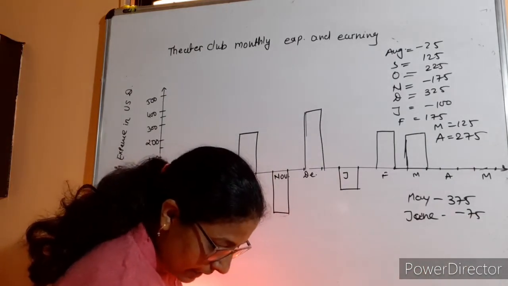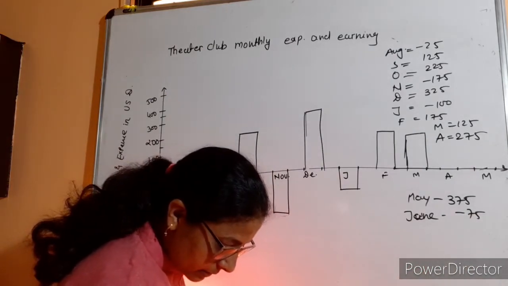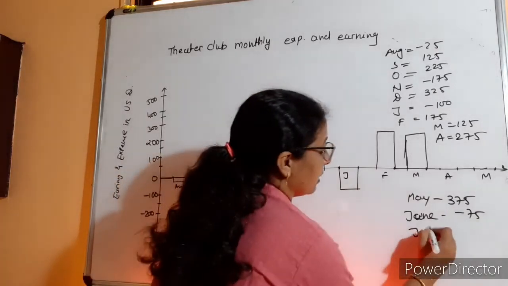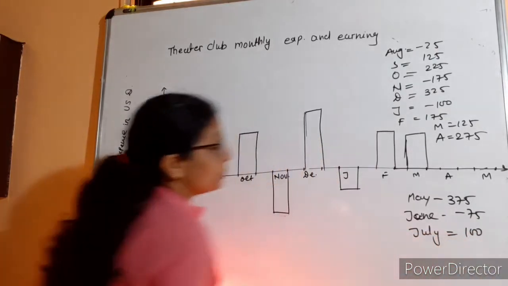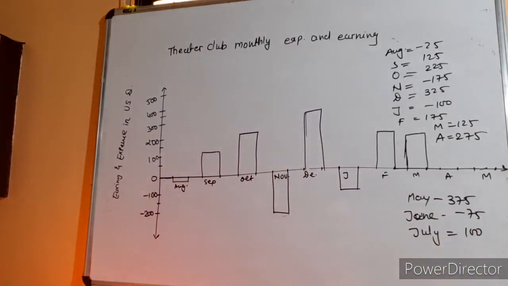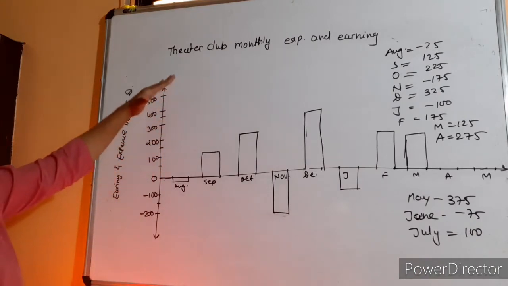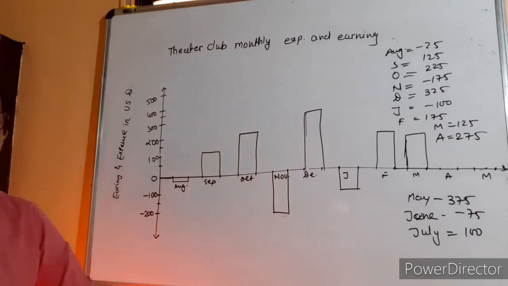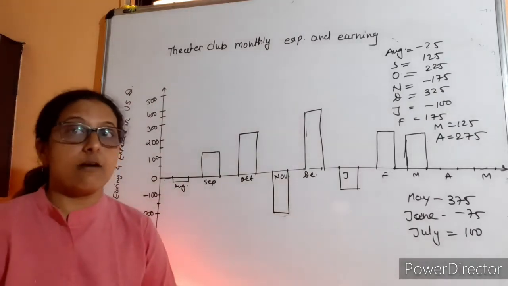And July it is positive 100. So here is the graph in which positive gives us earning, and negative means earning is less than the expense, so it is a loss.